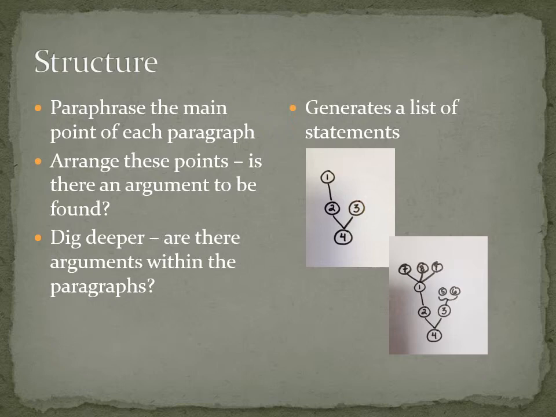I've gone back to only two of these paragraphs, and unpacked sub-arguments from within them. In the first paragraph, the author gave 3 reasons to support the topic sentence of that paragraph. And in the third paragraph, it appears there's a deductive argument with 2 premises leading to the conclusion, which is the topic of paragraph 3.